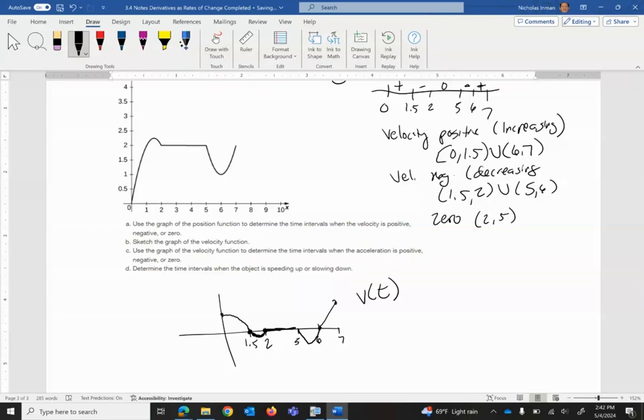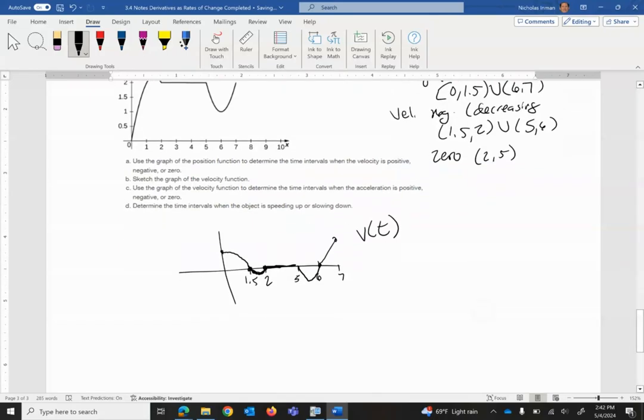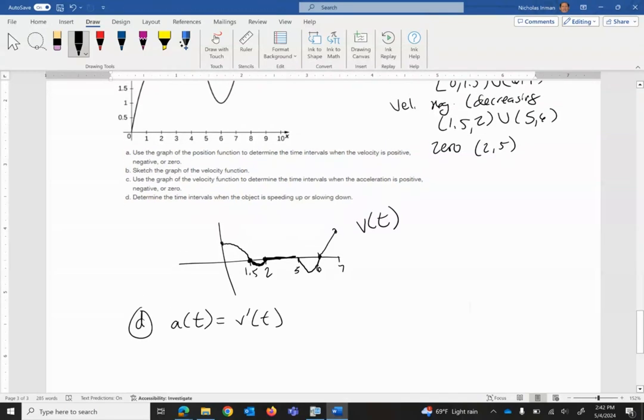All right, to determine the intervals of time where this object is speeding up or slowing down. Okay, so that means our acceleration. Are we speeding up or slowing down? So we want to look at our velocity function, and we want to figure out when the graph of velocity is changing.